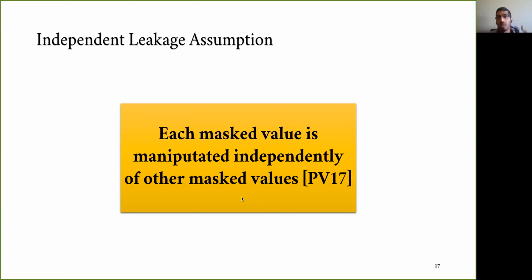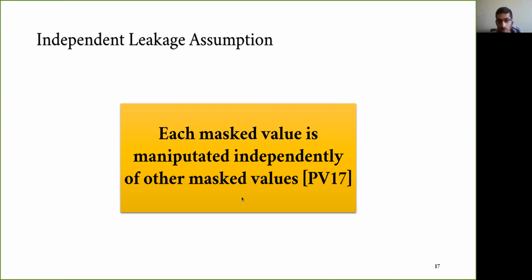So each mask value, by definition, should be independent of other mask values. So we are breaking that here. But we can't help it because this is how the real world works. This is an actual thing that happens in the real world, but in the theoretic world, we don't find this because we have this assumption.